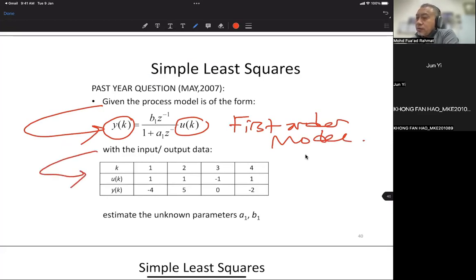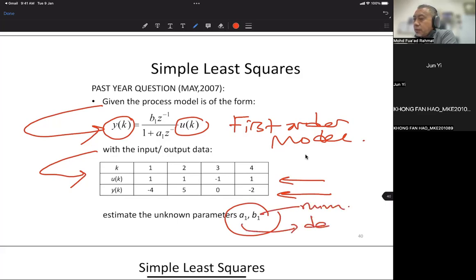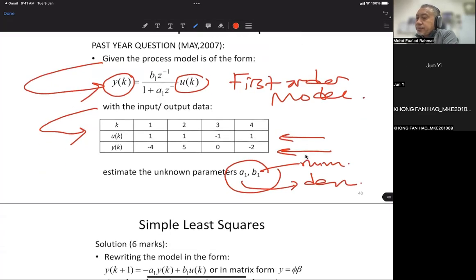For k equal to 1, 2, 3, and 4 data, this is the input and this is the output. Estimate the parameters a1 and b1, with b1 at the numerator and a1 at the denominator.